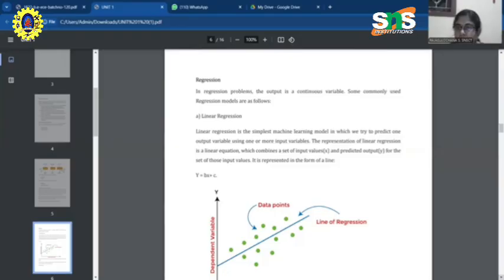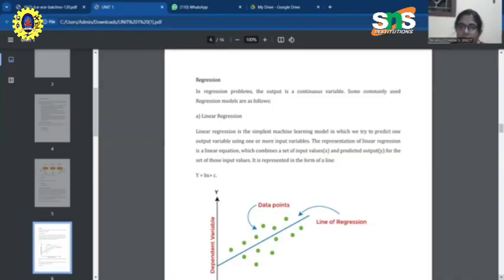So regression deals with continuous variable, whereas classification deals with the discrete variables. Again, in case of regression, we have many types of regression like linear, polynomial, logistic regression. So only linear regression and polynomial regression comes under supervised learning, whereas logistic regression it comes under unsupervised learning.